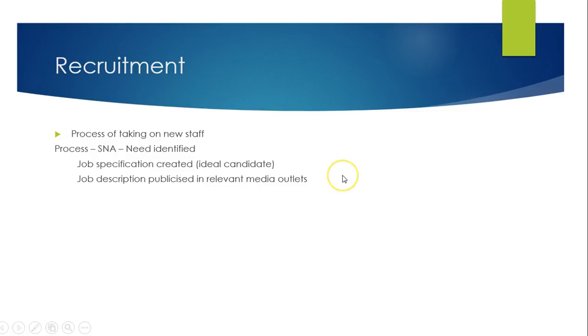At the same time, the job description would also be created, which would be publicised in relevant media outlets, and this would detail what the job entails, who you would be reporting to, maybe the salary level, maybe the location, the hours, whatever it may be, okay? But it gives those potential candidates an idea of what they would be expected to do in the position.